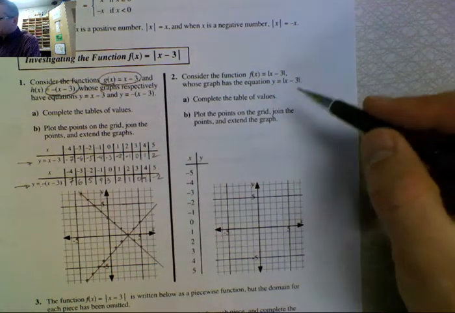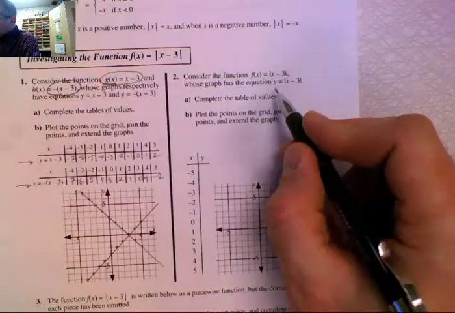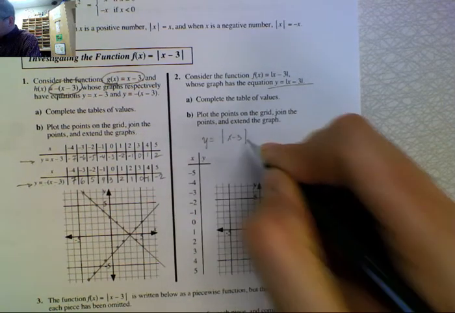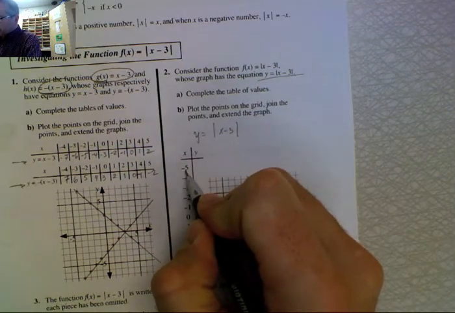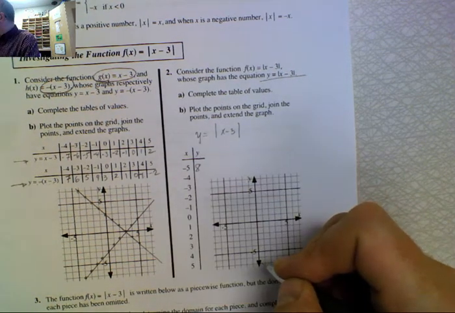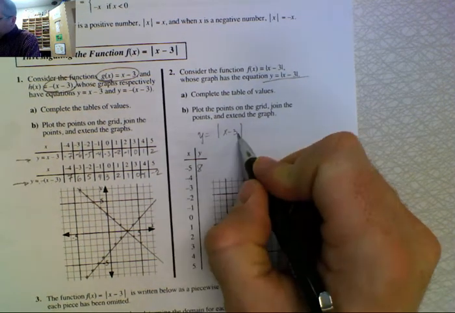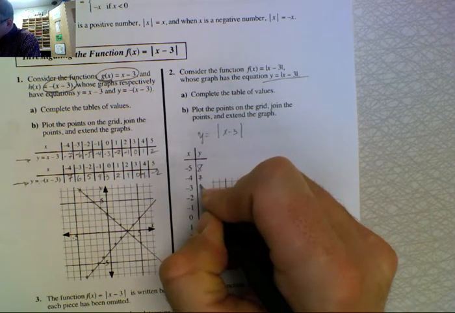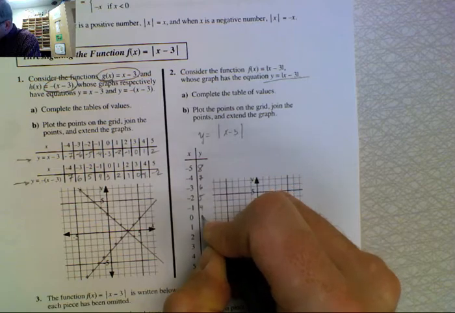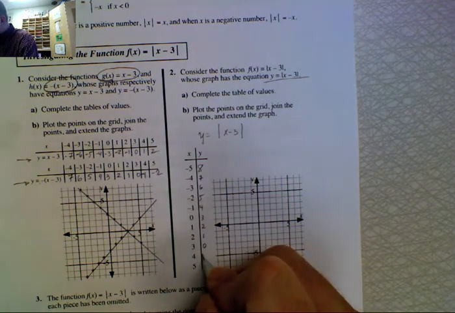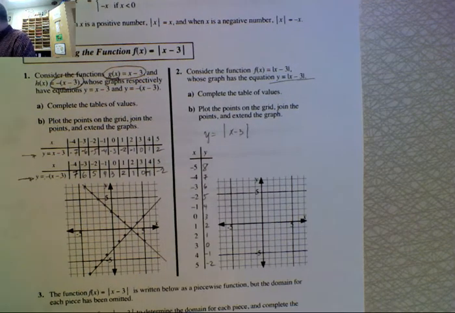Now, if we actually want to graph the absolute value of x minus 3, well, negative 5 minus 3 is negative 8, but you take the absolute value and you get 8. Negative 4 minus 3 is negative 7, and you take the absolute value as 7, then 6, then 5, 4, 3, 2, 1, 0, and then we're going to get our negative 1 and our negative 2.